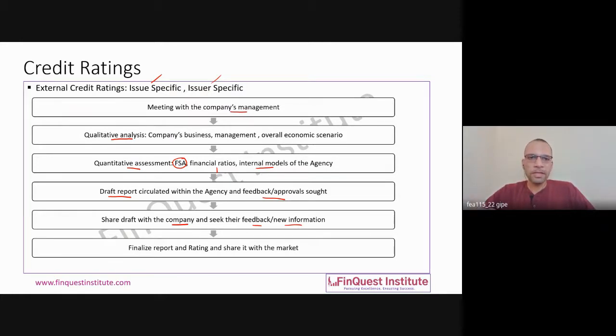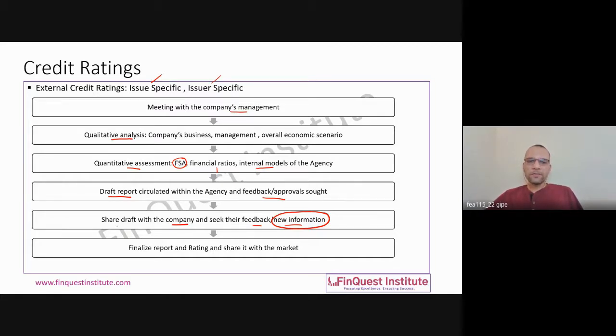It can so happen that after the first meeting with the management, some material change has happened, and that is something which the company would like to inform the rating agency. So that's why we say new information. If there is any kind of new information which is to be divulged, then the company's management would do it at this point so that the rating agency might take this into consideration and revise the draft as required so that it is in line with this new info.